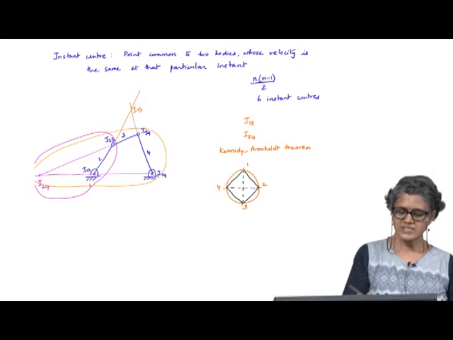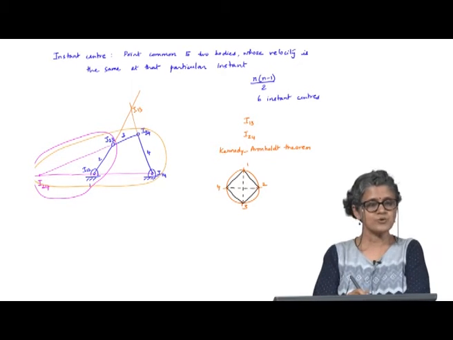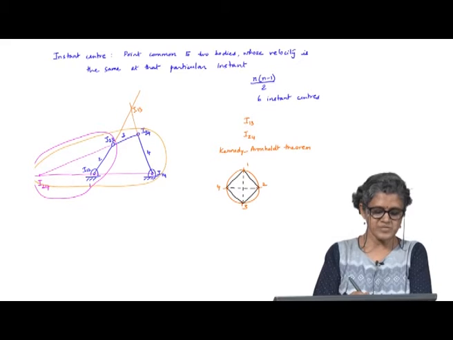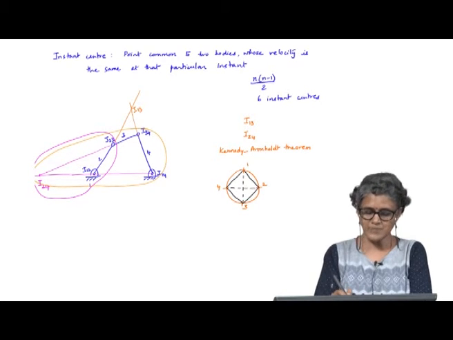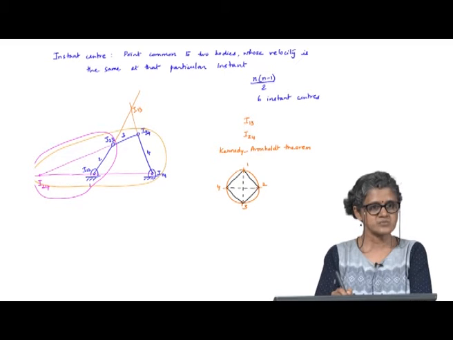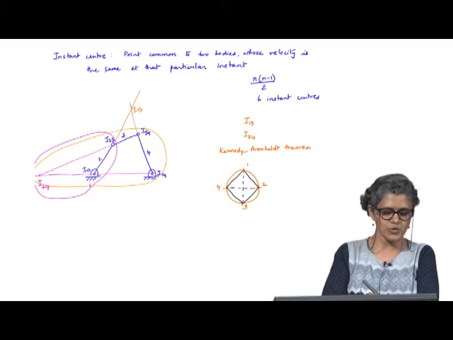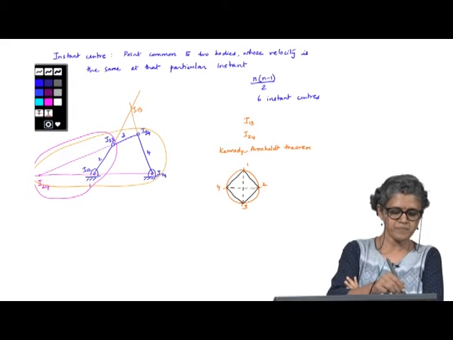What this tells me is, what is the motion of link 2? The absolute motion of link 2 is pure rotation about I12. The absolute motion of link 4 is rotation about I14, fixed pivot. So, that means what would the velocity of this point be?